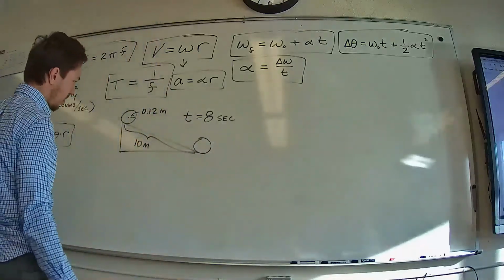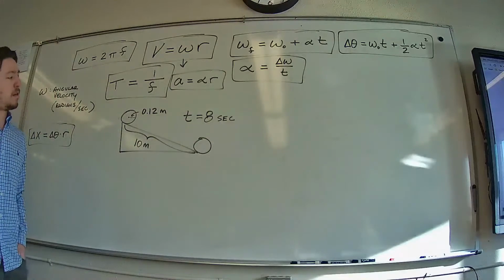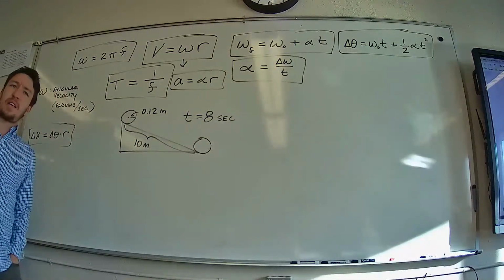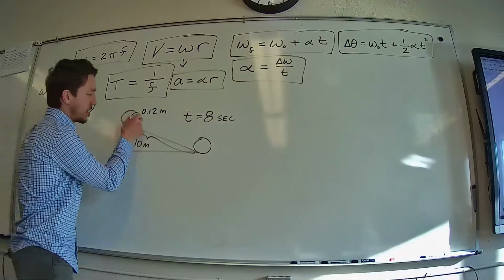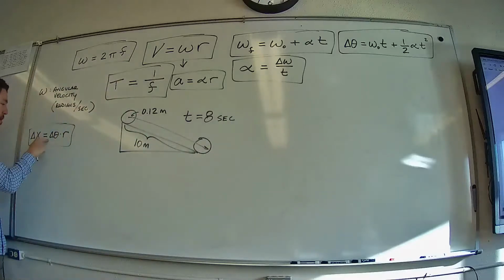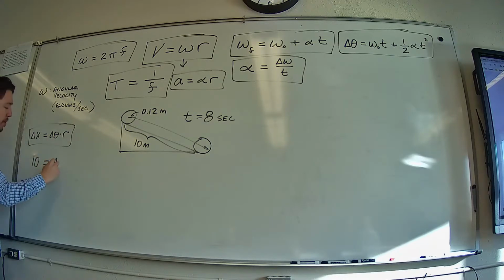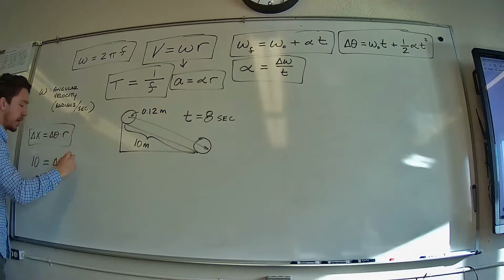And what's the angular acceleration? So we have to figure out how many spins it made. Or you could just say, well, I know the distance. However you want to do that. Let's say we do it this way: 10 is equal to the total number of radians turned times the radius.